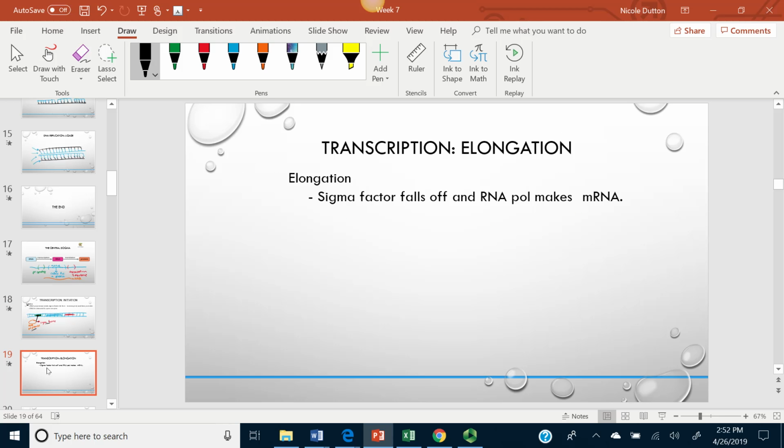The second step of transcription is elongation. So what happens during elongation is now RNA polymerase has opened up the double-stranded DNA.